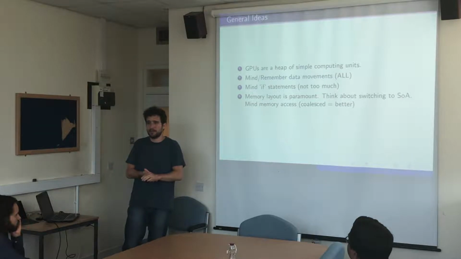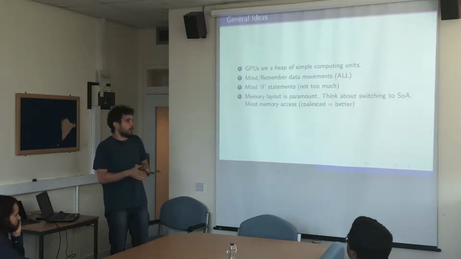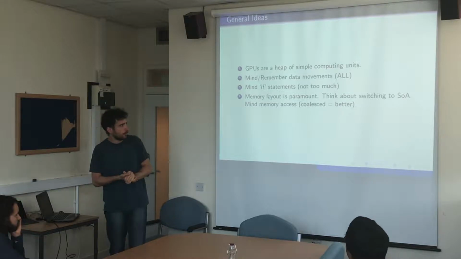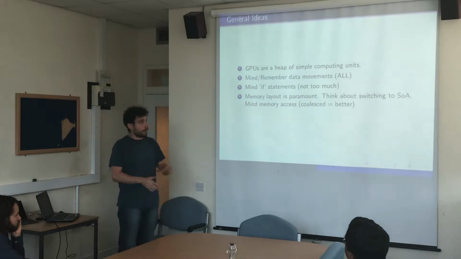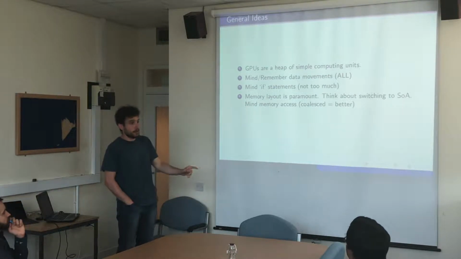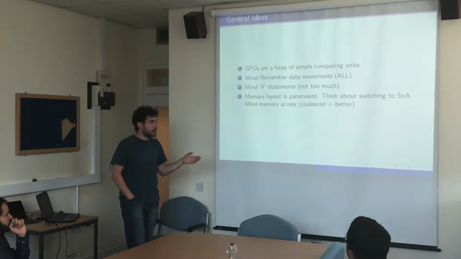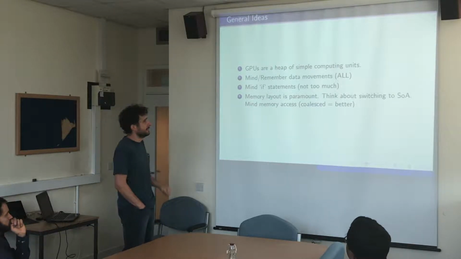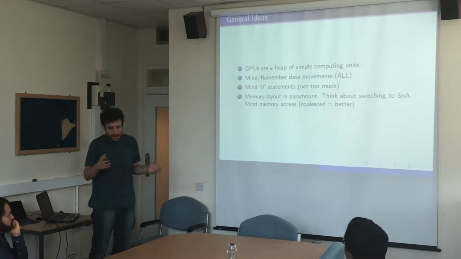Now we have AVX-512 instructions, which require similar approaches to structure of arrays memory layouts. For us on GPUs, we have seen that structure of arrays works best. The other option would be array of structures, which is not recommended anymore on GPUs, except for some things where it actually works.